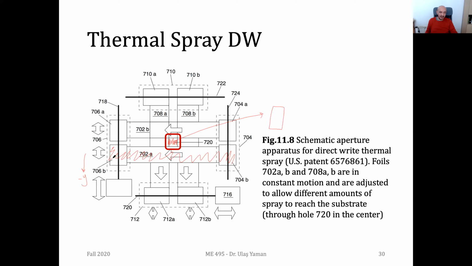Since this part is moving downwards. And the advantage of it is that you can obtain any box sizes, rectangles, little squares, little rectangles. They are all possible with the help of this simple patent. But as I said, they got this patent. Although it's very simple, they got it.